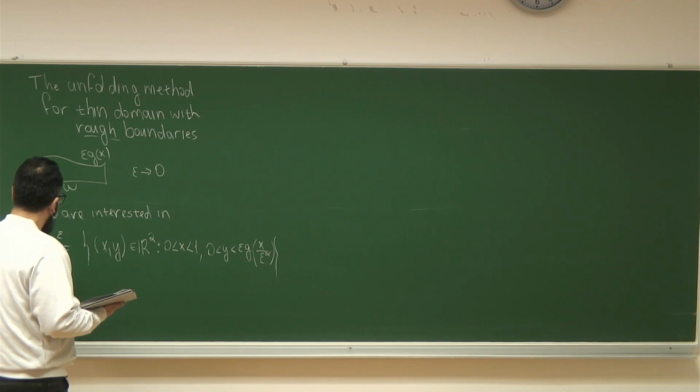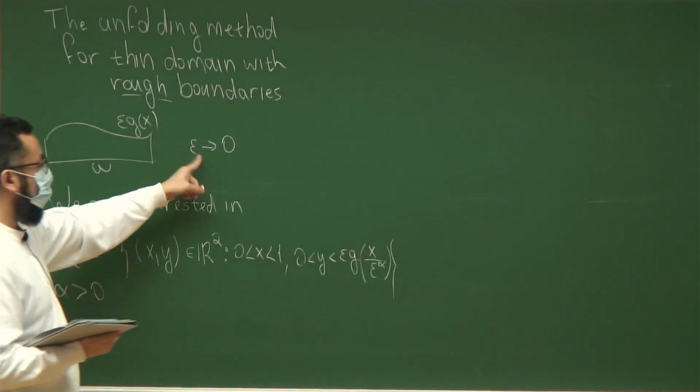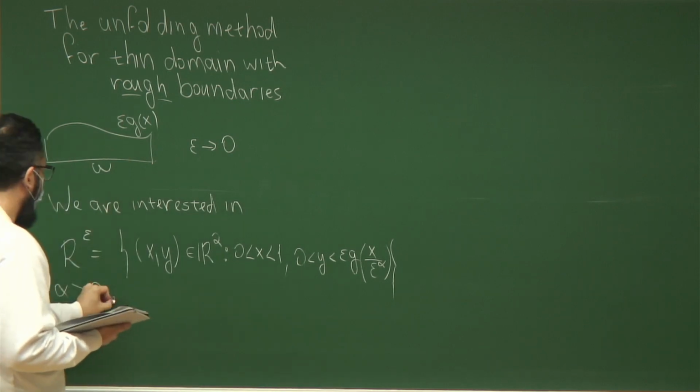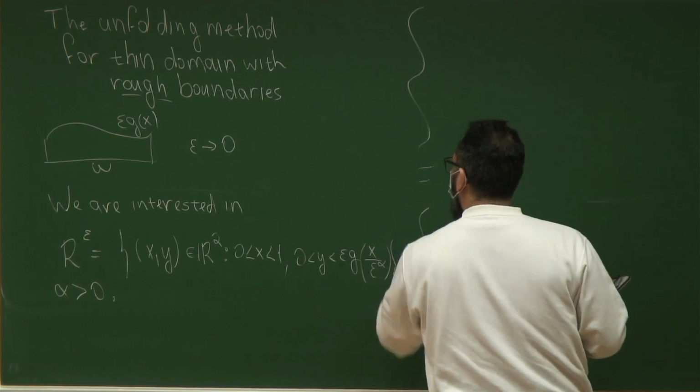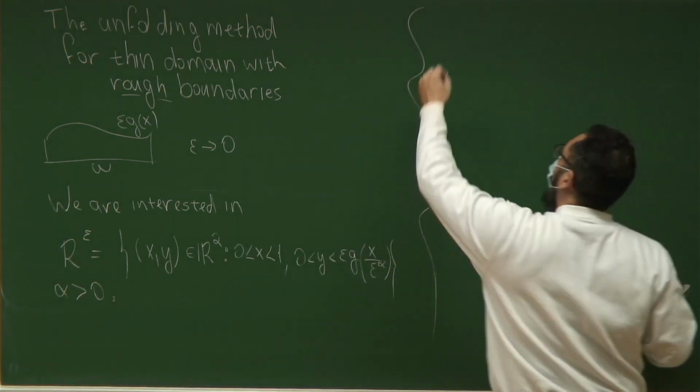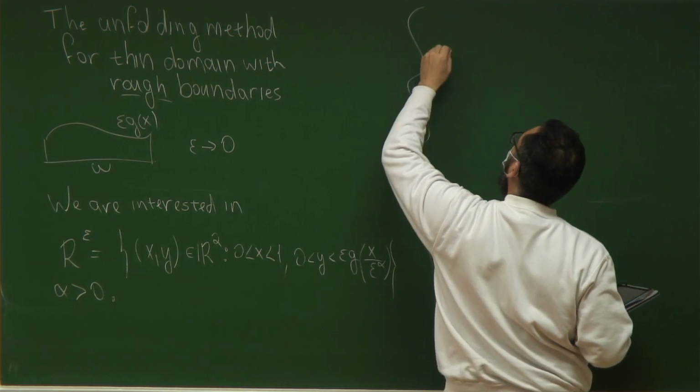And of course, this alpha parameter is positive, and this epsilon is small enough. So, according to the parameter alpha, we have some different behaviors, okay?